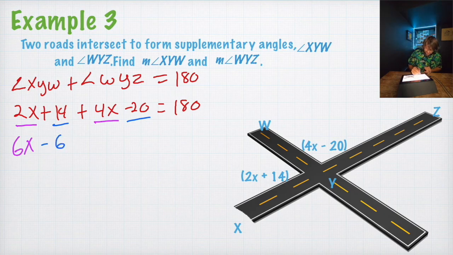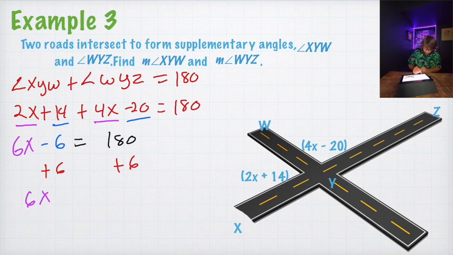So 6x minus 6 equals 180 degrees. Now let's just go ahead and solve this out. We're going to add 6 to each side of this equation. Plus 6 to each side. So now 6x is going to equal 186. Divide each side by 6.